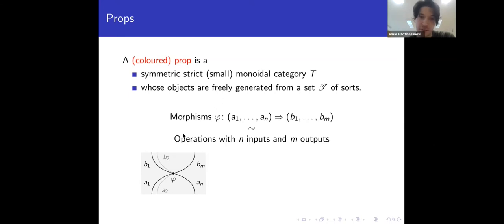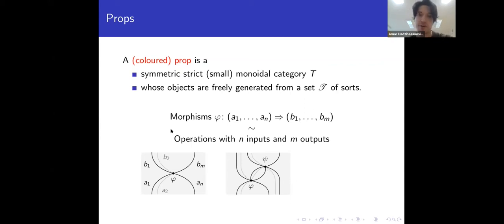And these operations can be composed along any number of wires. So by connecting any number of outputs of phi to any number of inputs of psi, including no wires at all, in which case we just juxtapose horizontally the two diagrams.